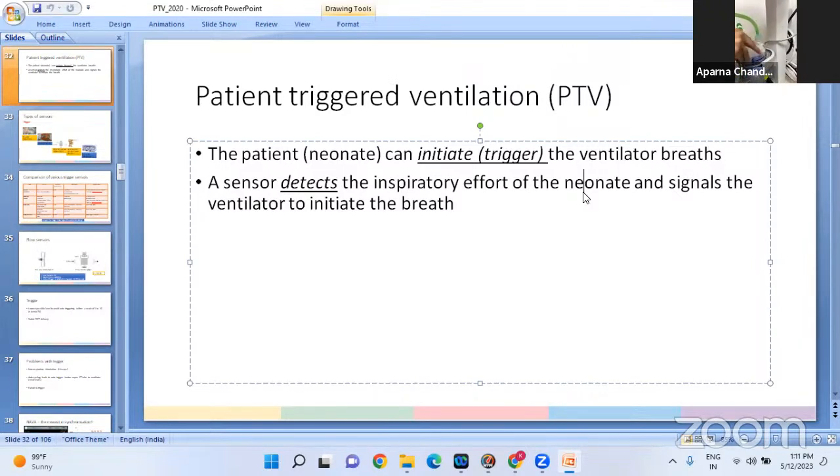And if you see the humidifier chamber, it has multiple slots, which increase the surface area of contact of the gas with the heated water or water vapor that is present here. So by the time the gas exits the heated humidifier chamber, the gases are typically at a temperature of 37 degrees and 100% relative humidity.